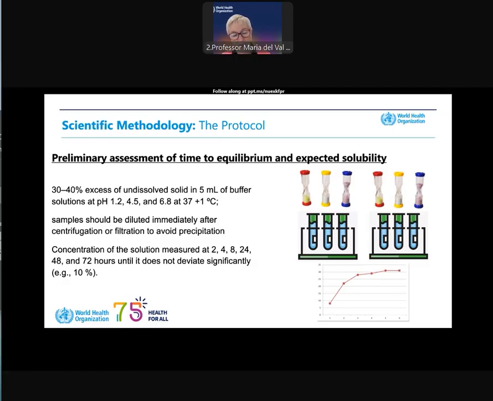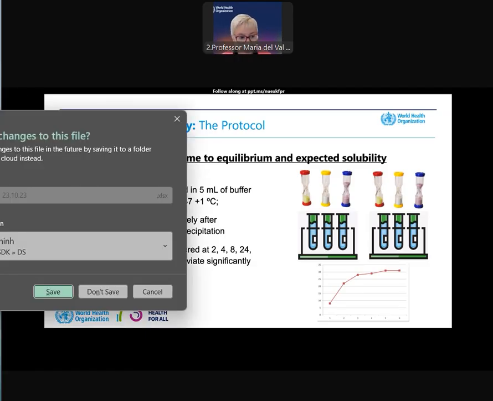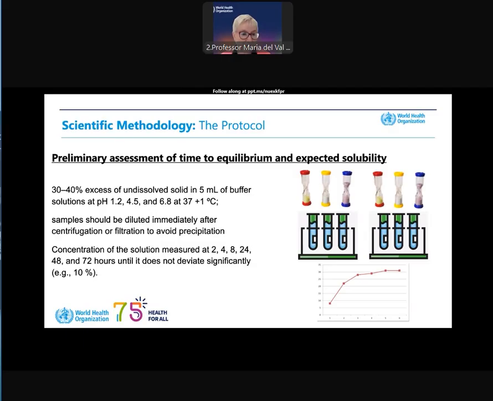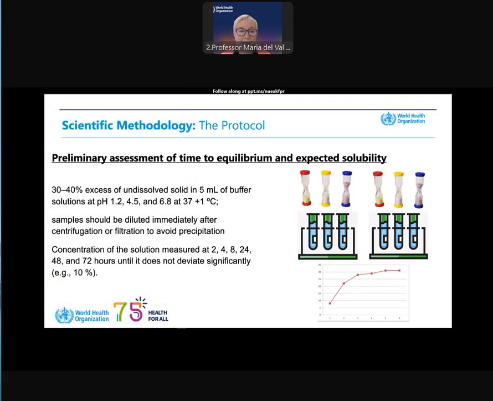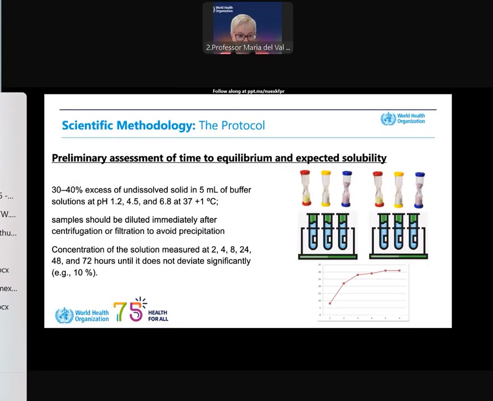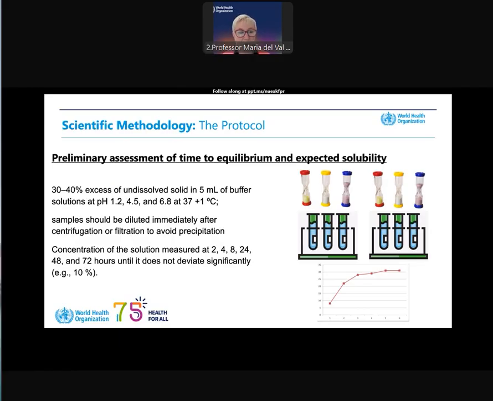With this preliminary idea about the solubility, we estimate 30 to 40% excess, and we put that amount of API in 5 milliliters of buffer, for instance, at the 3 pHs.